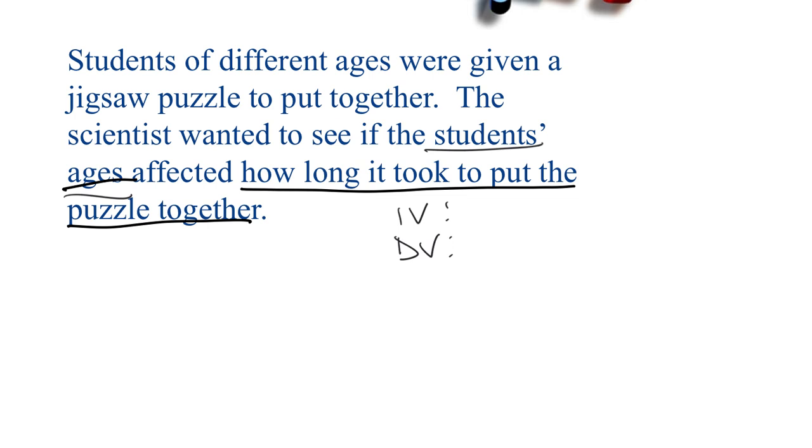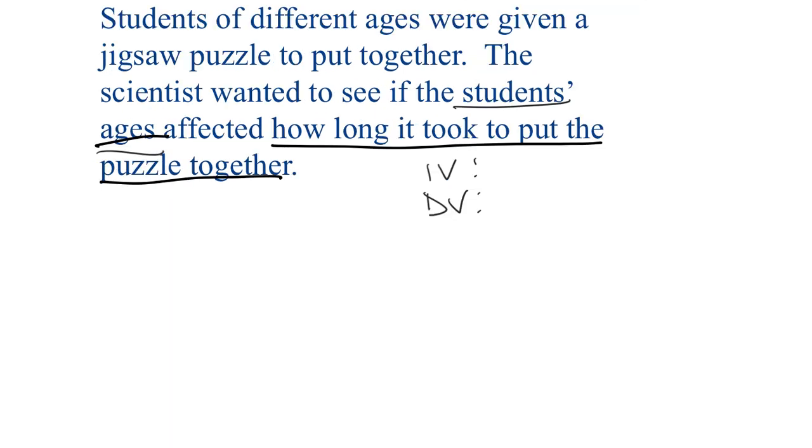Does the student's age depend on how long it took them to put the puzzle together? Does his age depend on anything? No. Does how long it takes to put the puzzle together depend on the student's age? Yes. So let's write that.